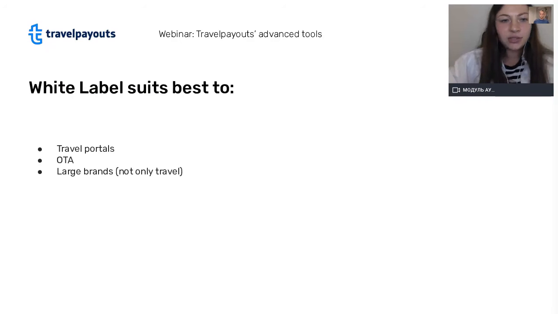White label suits best travel blogs, websites where you can place some information about traveling, maybe some guides, articles, whatever. And on this website, you can also add some sections where people can buy flight tickets or book a hotel.